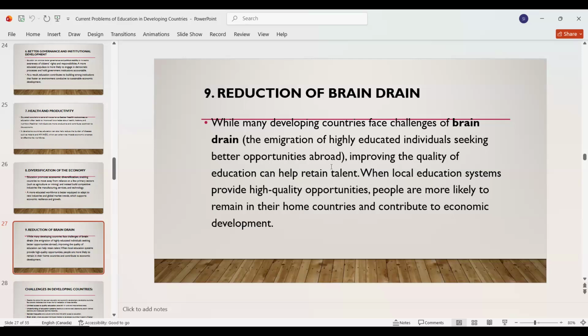While many developing countries face the challenge of brain drain, the emigration of highly educated individuals seeking better opportunities abroad, right? Those who are here, the government is educating them free of charge, right? Even to send them for a PhD, how much money the government is spending, right? But they are not coming back.